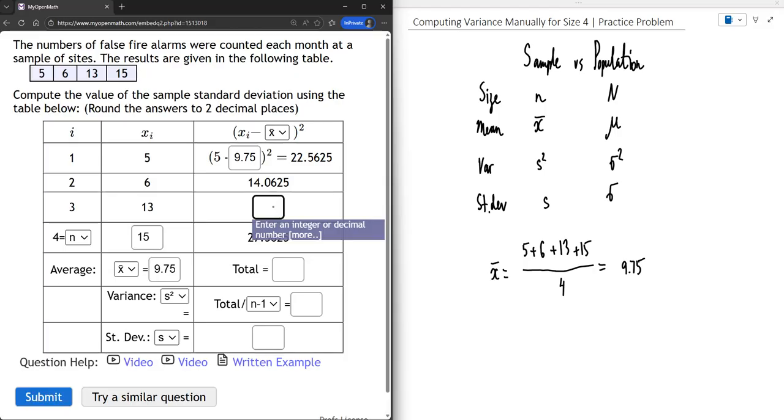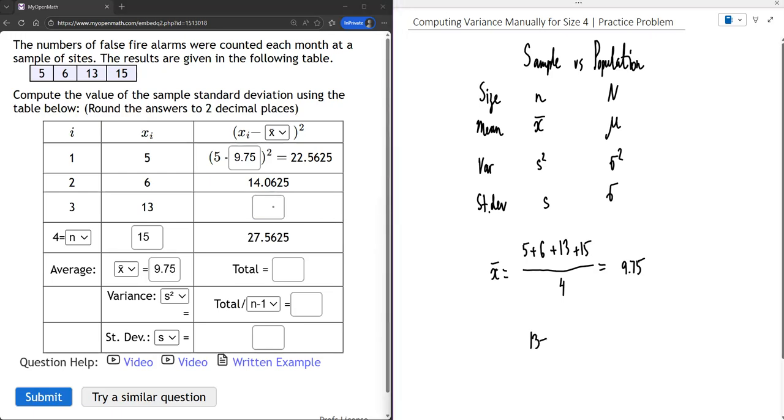As a part of this formula, here goes my third observation, 13, minus x bar, which is 9.75, and I'm going to square it as a part of the process. 13 minus 9.75 is, I'm sorry, it's not 4.75, it's not even 4.25, it's 3.25. Let's fix that. And we're going to square 3.25.